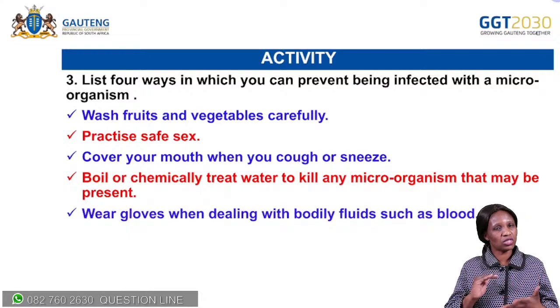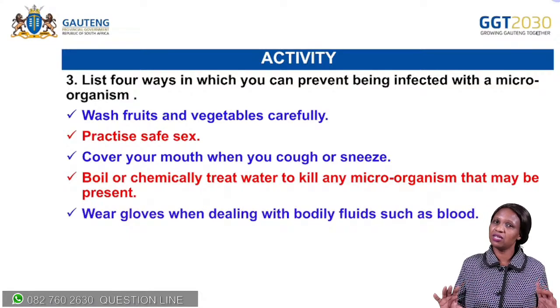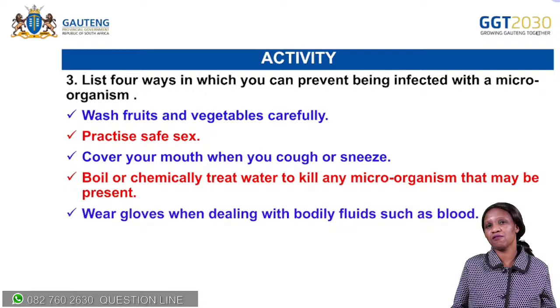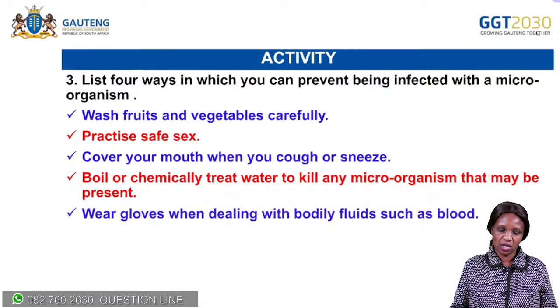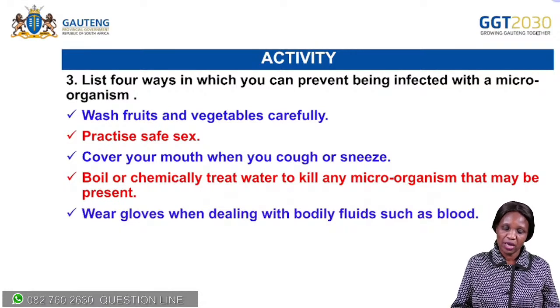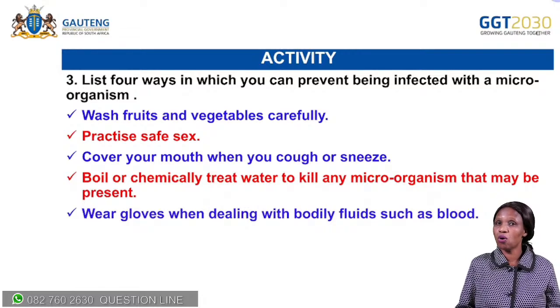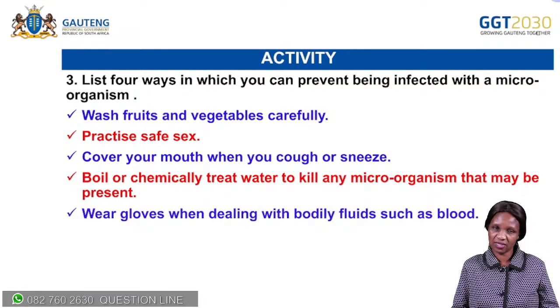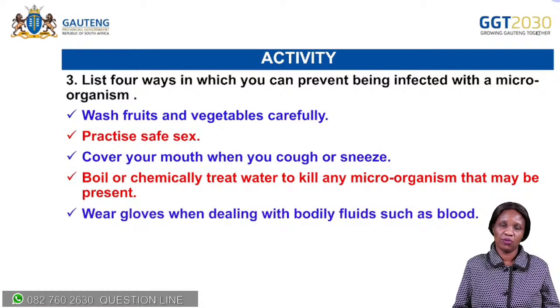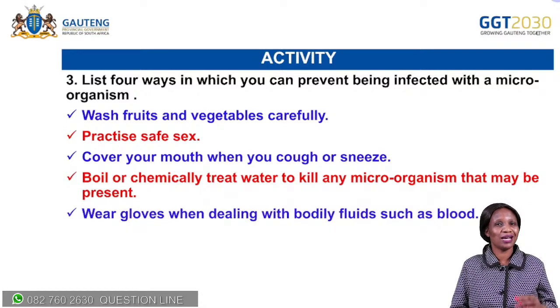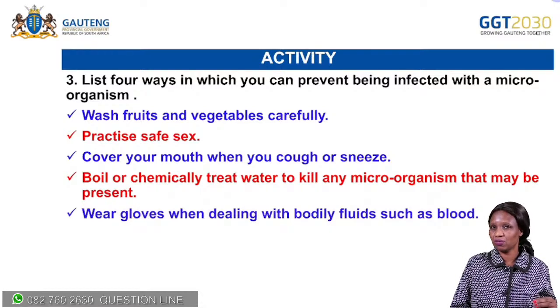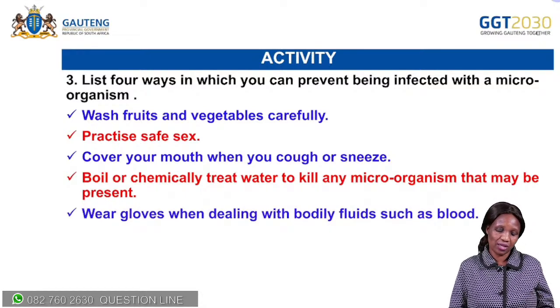We need to put it in containers, cover it, and put it in the refrigerator if there is need. And then we also need to practice safe sex. Why? Because there are diseases that are being transmitted through sexual intercourse.